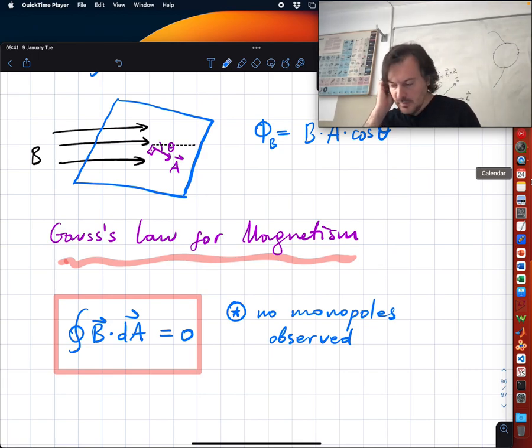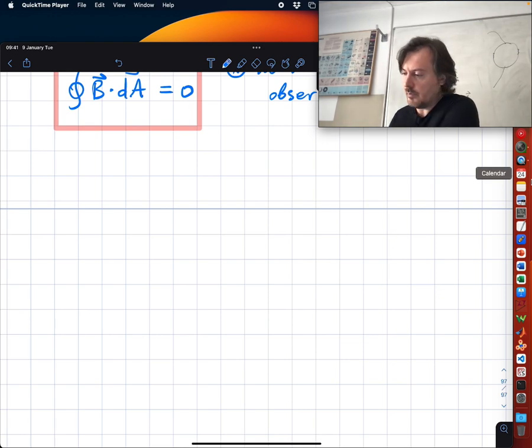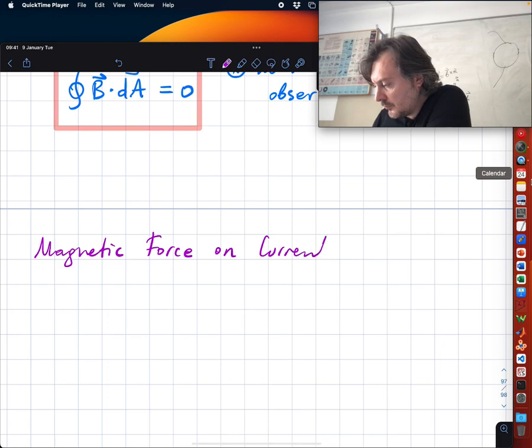Okay, now we can talk about magnetic force on a current carrying wire. All right.